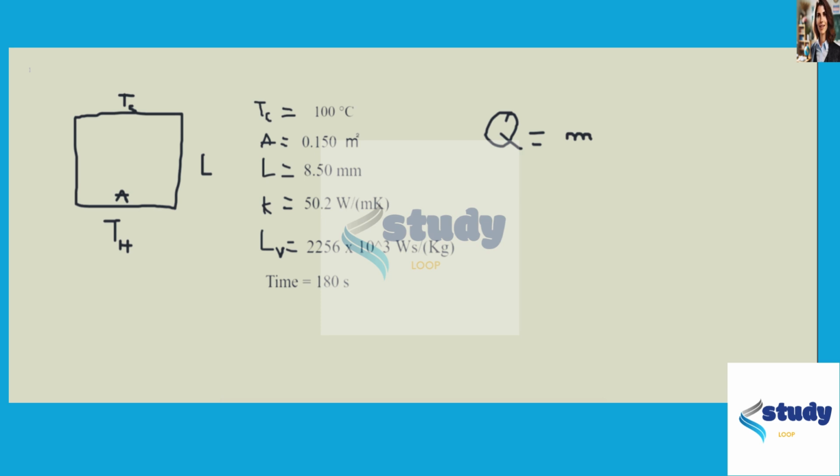So mLv, Lv is the latent heat coefficient of the water. So this is 0.390 kilograms times 2256 times 10 to the 3.